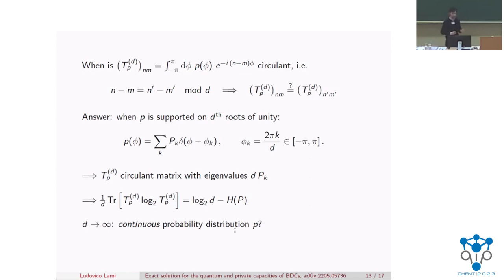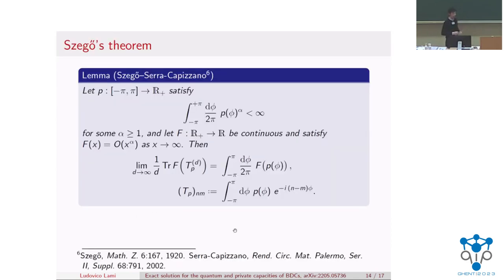But to make this rigorous, you have to use some tools from asymptotic linear algebra. And the tool that is perfect for this purpose is called Szegő's theorem. This was proven by Szegő in 1920, and then has been refined by many people ever since. The particular refinement that we use is due to Serra Capizzano in 2002.